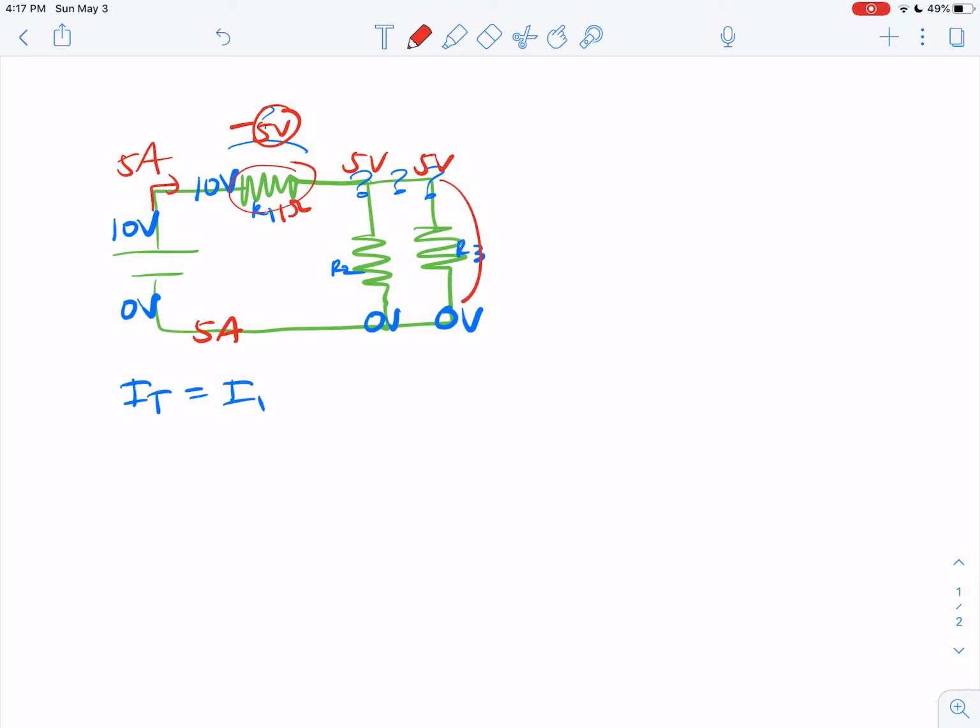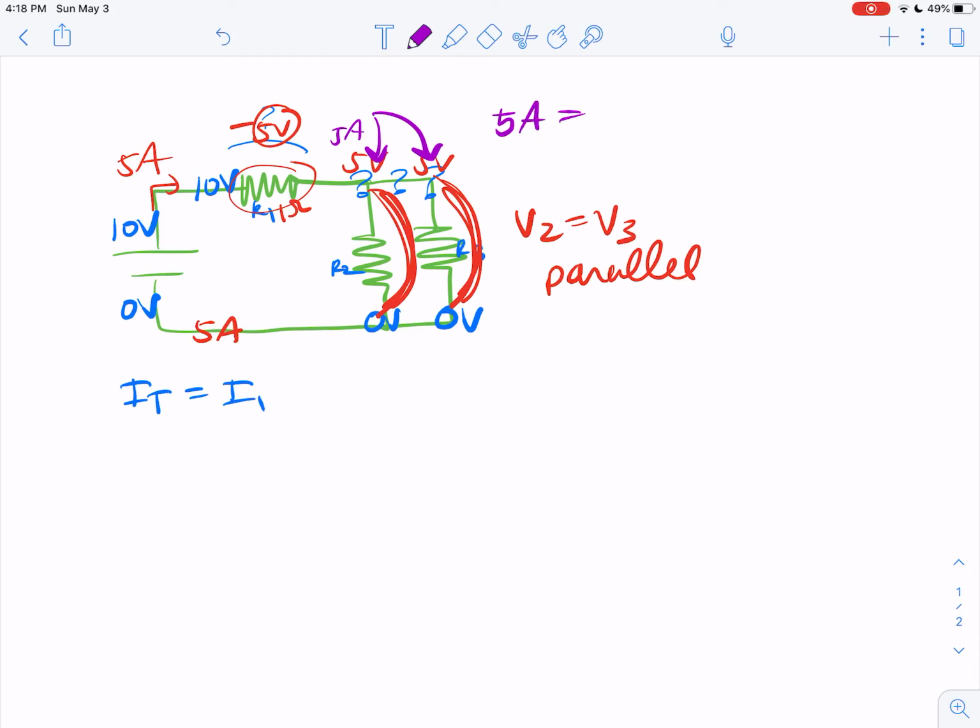Okay, and now each of these, do you see they're going to have the same drop because they're in parallel, right? They're both having that drop from 5 to 0. All right, in this case, they're all 5, which is, you know, whatever. Okay, all right, as far as the current, this 5 amps of current, as it comes in here, is going to split, right?